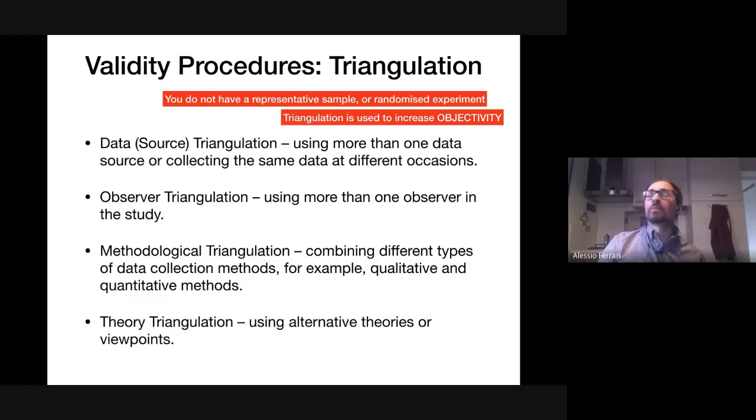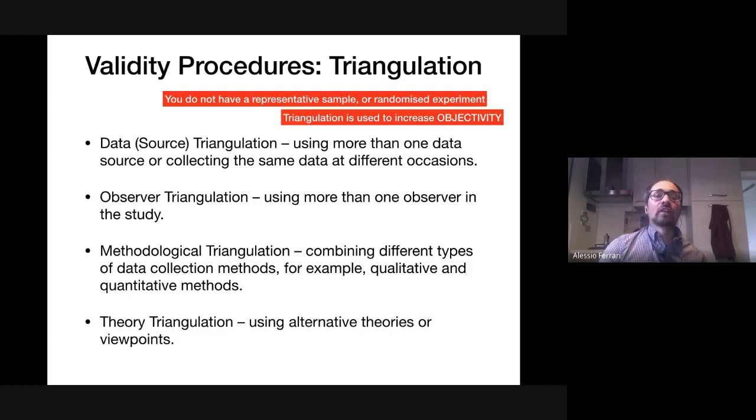Finally, we spoke about data collection, so unit of analysis, data collection, data analysis, and then we want to say what the validity procedures are, what approaches you have put into place to increase objectivity, okay? Because remember, you don't have a representative sample, not a randomized experiment, but still you want to reach objectivity.